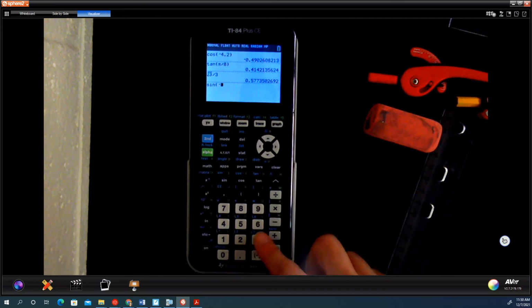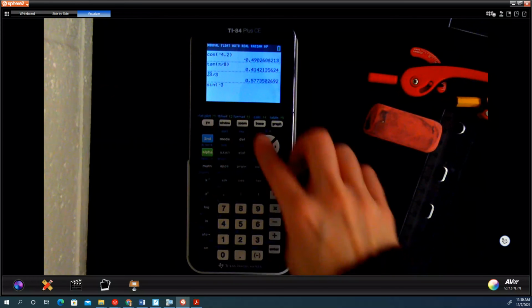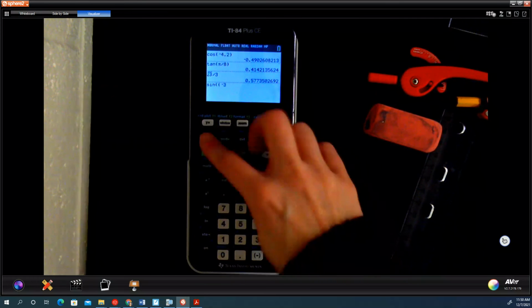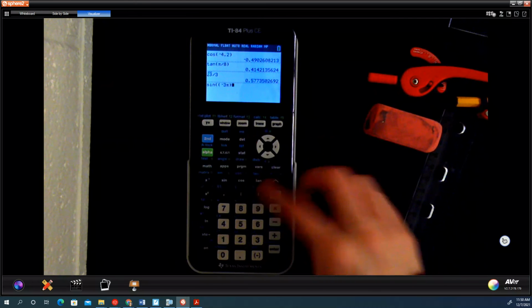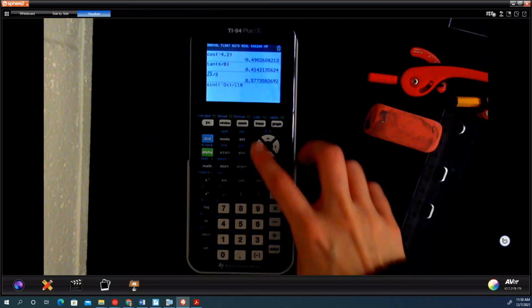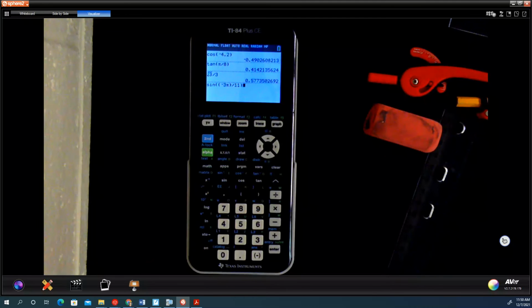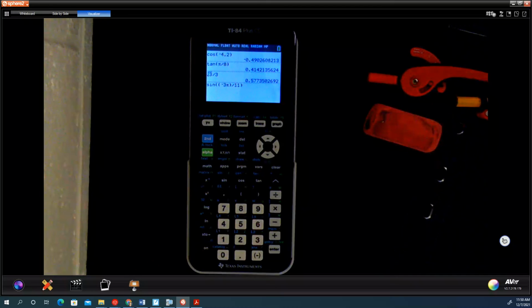The sine of negative, I used to say sine until I knew sin. Sin 3 pi, syntax error. Folks, if you have something like negative 3 pi, I like to wrap that in parentheses too, like, hey, this is my numerator. It's negative 3 pi divided by 11.